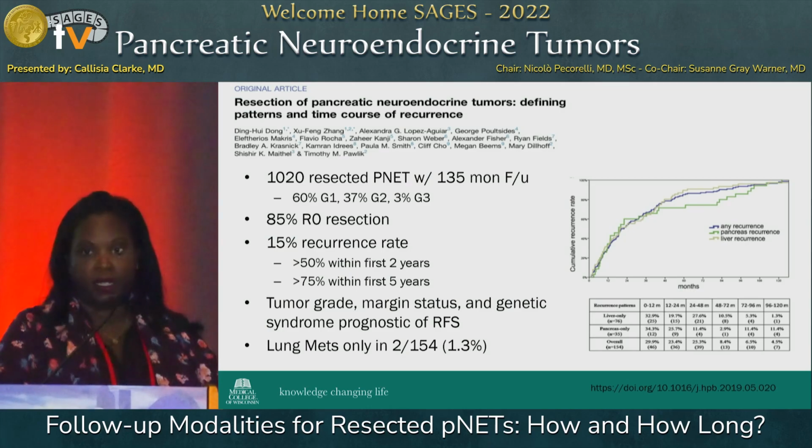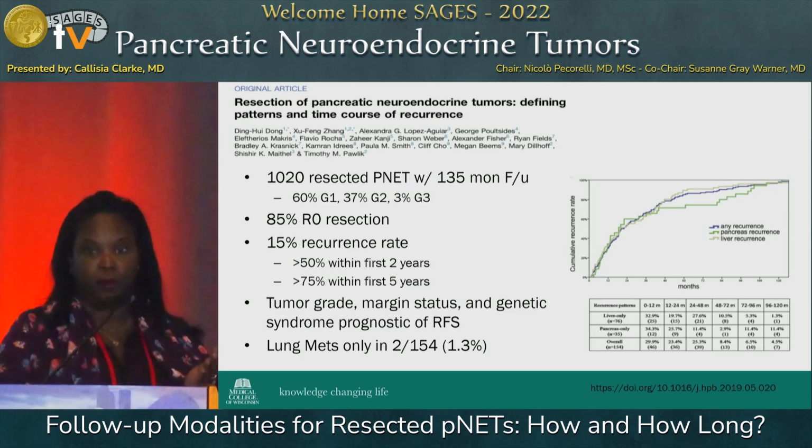Predictors in this study of recurrence included tumor grade, margin status, and genetic syndrome, all of which were prognostic of recurrence-free survival. Almost all of these patients failed in the abdomen. Only 2 patients had lung-only metastasis, so that was a recurrence rate outside of the abdomen of only 1.3%.